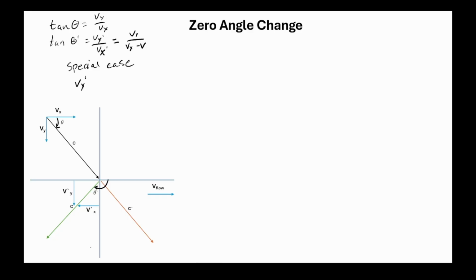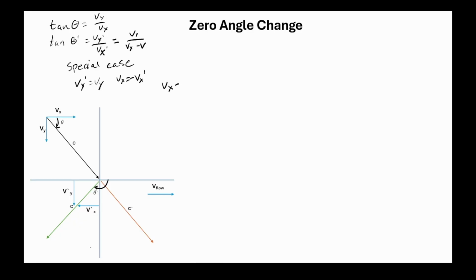So Vy prime equals Vy and Vx. Right? So we're interested in whenever this deflection is going to be equal to, not the inverse, but the negative of the component that it's initially starting at.